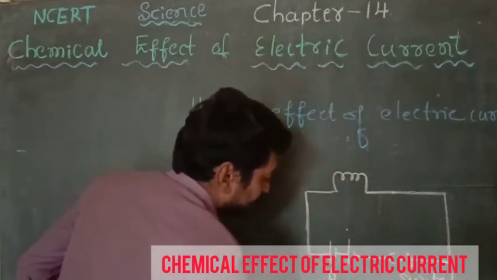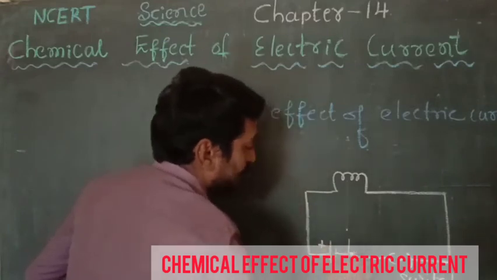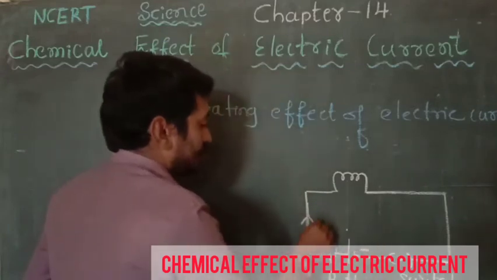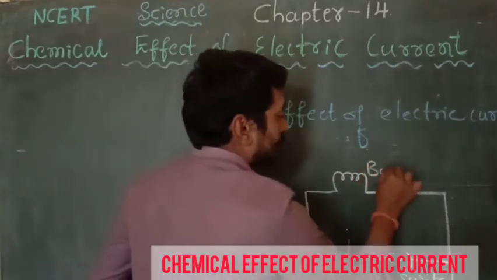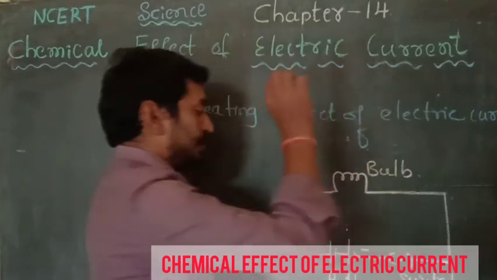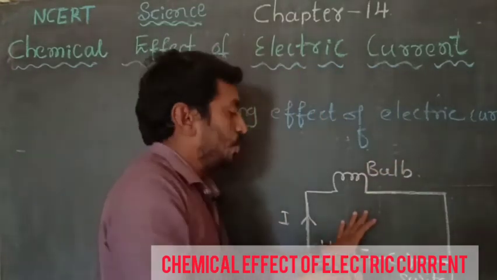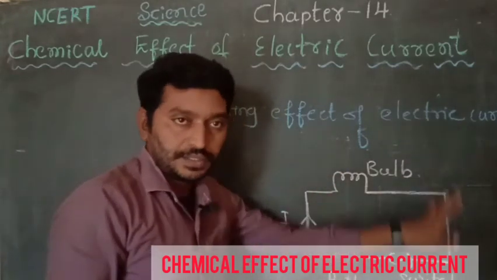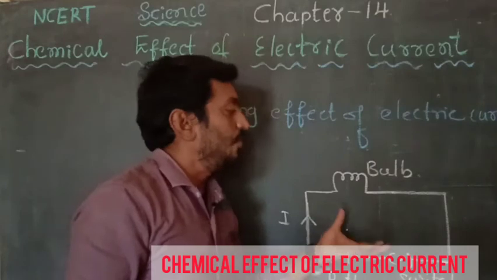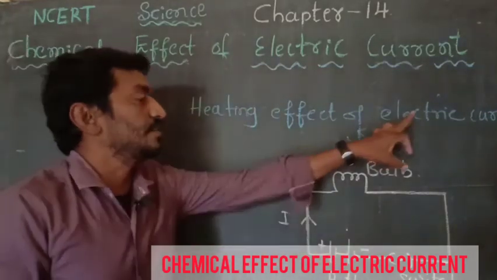This is a battery. This is positive and this is negative. The I is the current, and this is a bulb. When the bulb glows, you come to know the electricity is flowing through the conductor, right? But how is it possible? This is possible because of the heating effect of electric current.